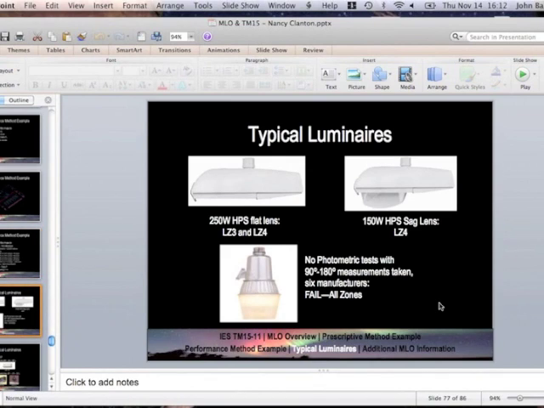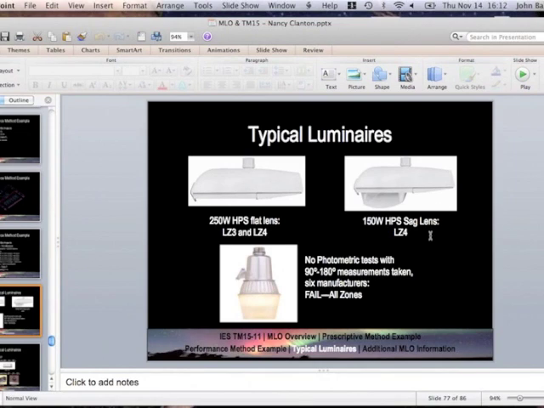So let's look at some typical luminaires and where they may apply, just so you can start getting a feeling for some of the luminaires that you're used to in your cities. A 250 watt high pressure sodium flat lens: really, this type of luminaire is only allowed in LZ3 and LZ4.